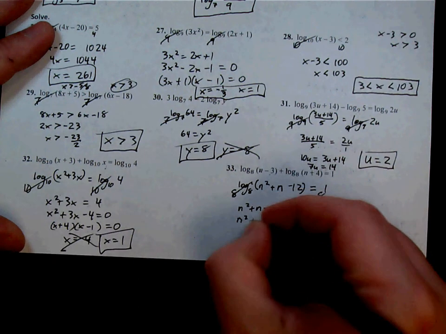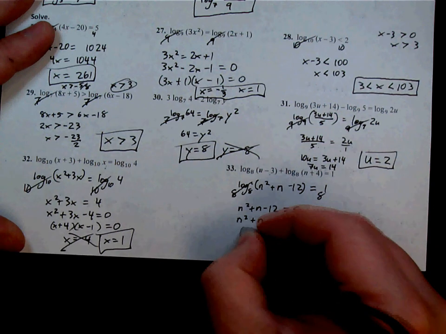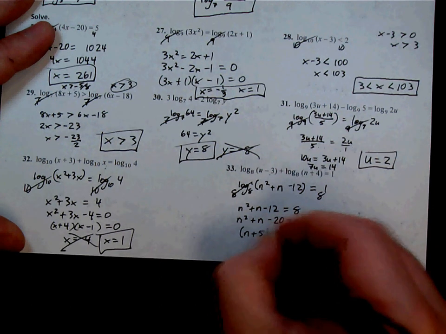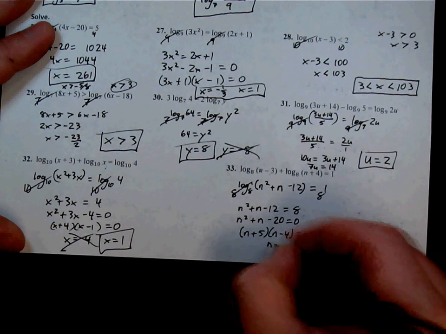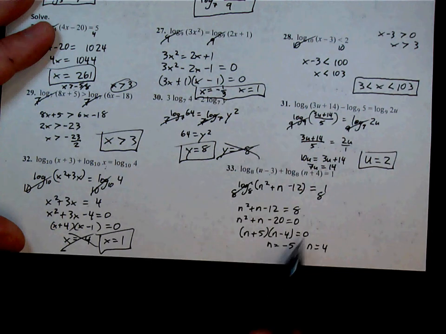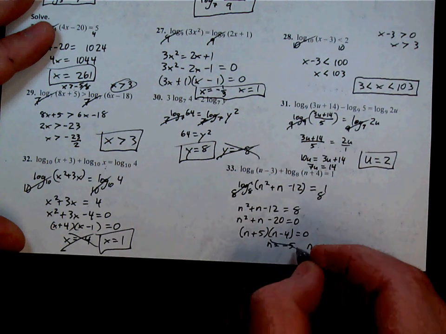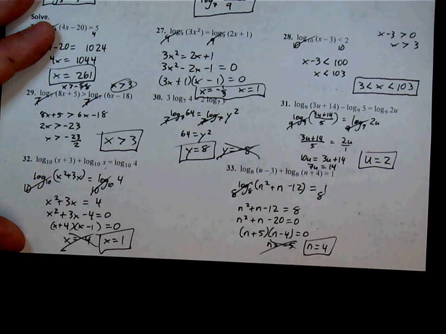Subtract 8, so it's set equal to 0. Factor: n plus 5 and n minus 4. So n equals negative 5 and n equals positive 4. Let's test those. If I plug in negative 5, I get a log of a negative, so I get to throw that out. If I plug in 4, both of them are going to work. There's our sole answer.